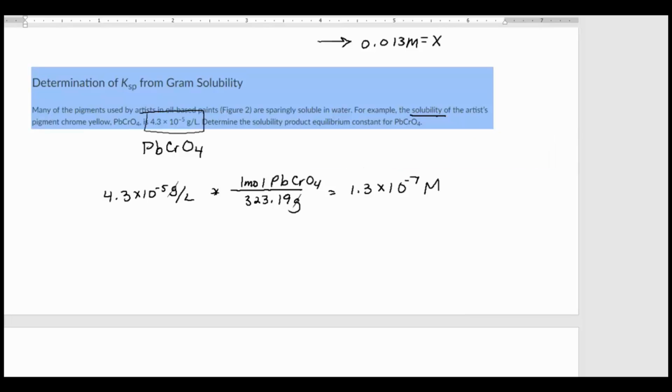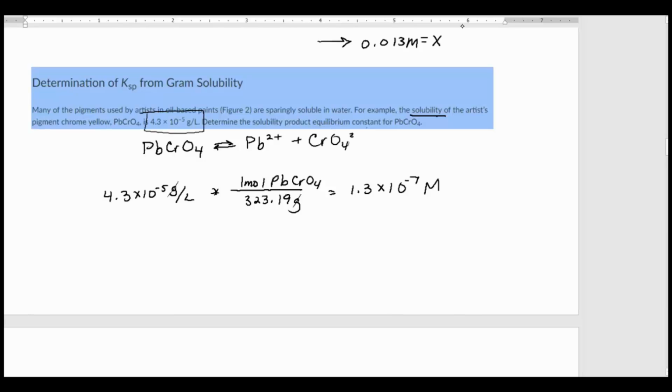So we're told the solubility is this value. So the solubility product equilibrium constant is going to be that KSP value. So here, my lead chromate will be dependent on the concentration of the lead and the chromate.